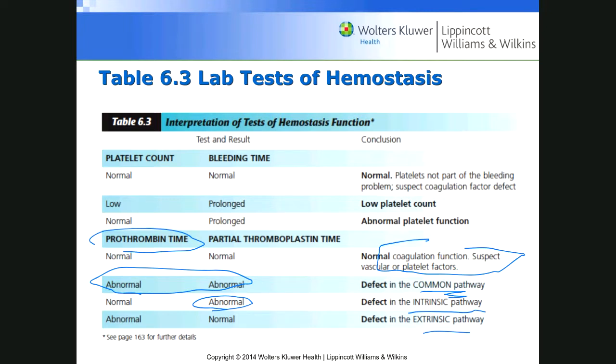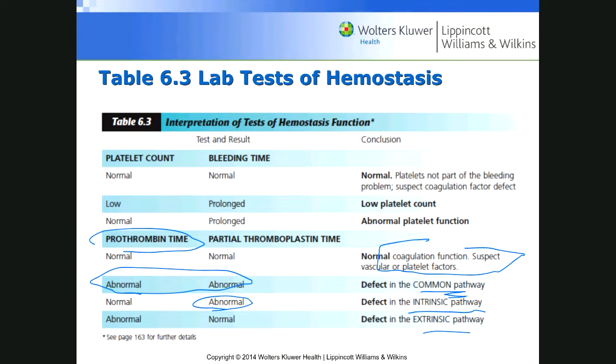No. If both are normal, it's normal, that's it. That's your positive control. If both are abnormal, then it's the common pathway, factor 10 downward.